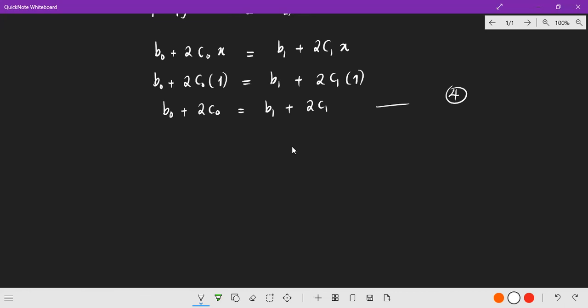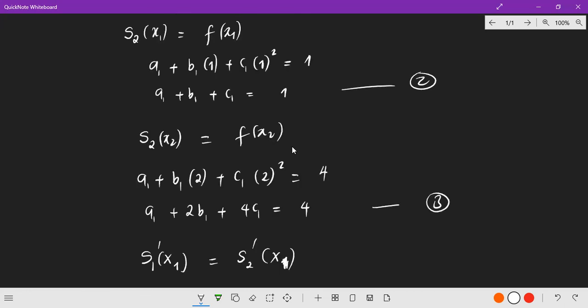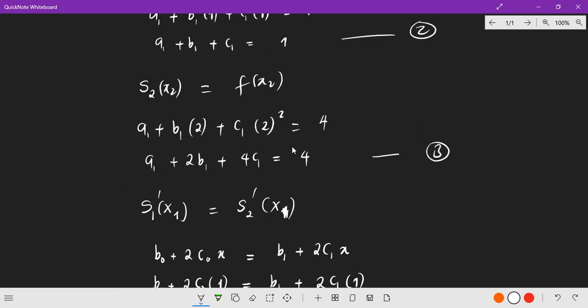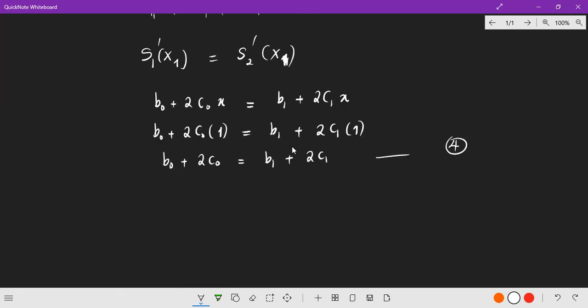So we need to find the second derivative of S1. So we just have to take the derivative of this here. So b0 disappears, just going to remain with 2c0, and this must be equal to 0. So this clearly states that our c0 is equal to 0.